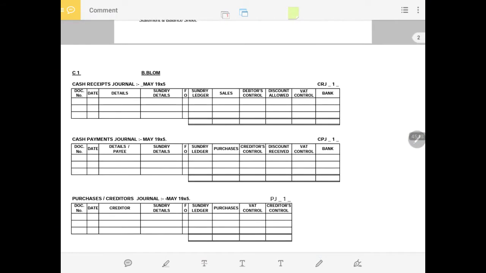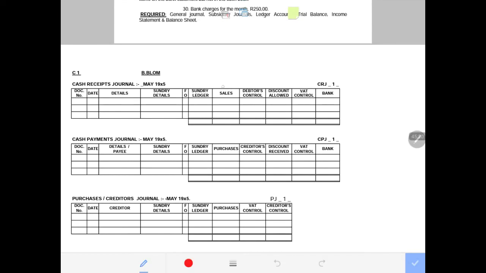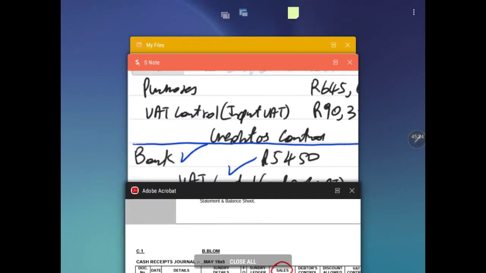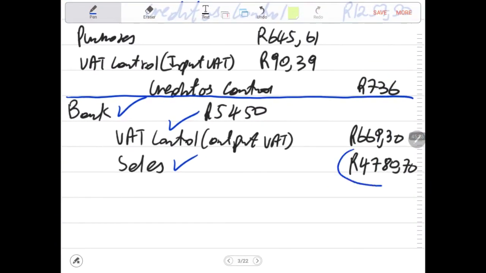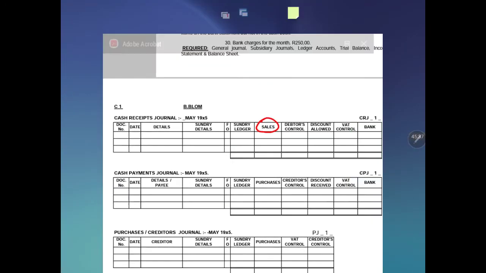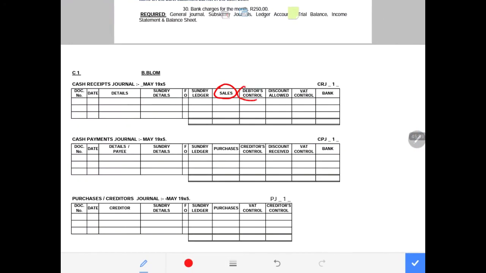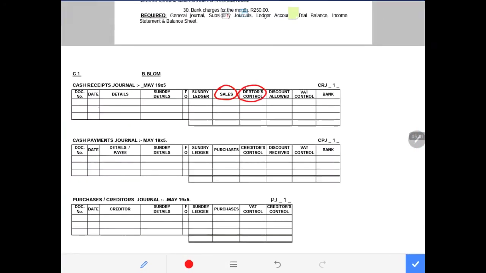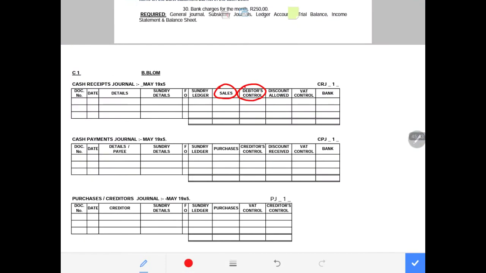Cash receipt journal, we do have a column called sales, and we record the amount of sales as 4780.70, exactly as it is. Then we look for the column called debtors control, and we're like, yes, I know we do not sell on credit.